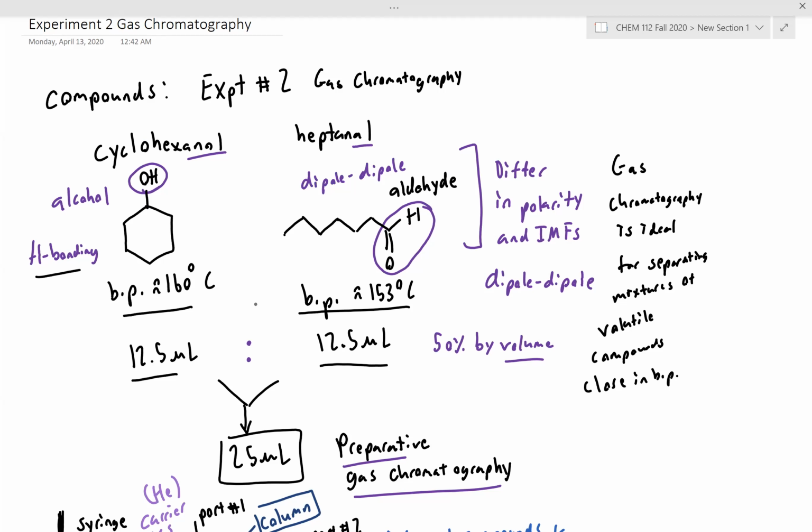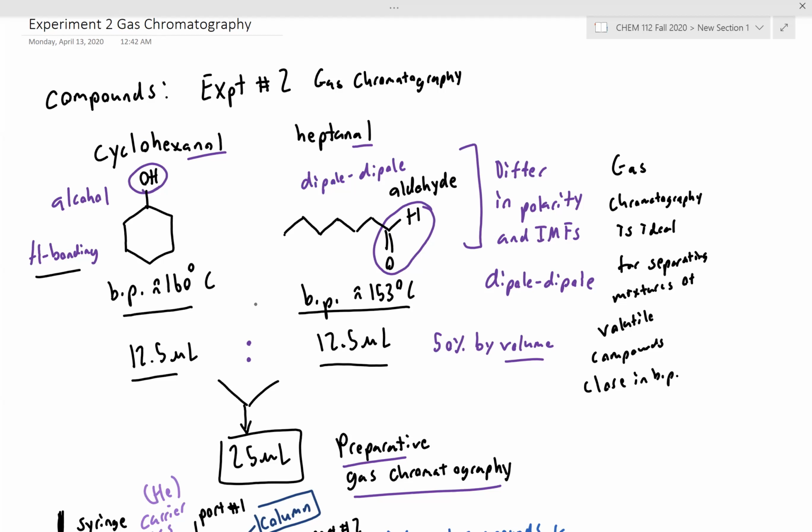So in this experiment, we're going to use preparative gas chromatography, which is a larger scale gas chromatography operation to separate a 25 microliter 1-to-1 by volume mixture of cyclohexanol and heptanol.